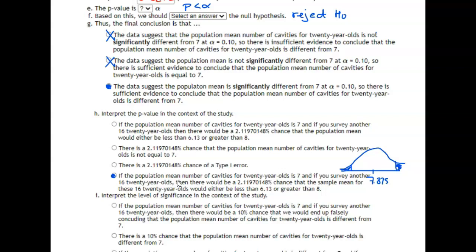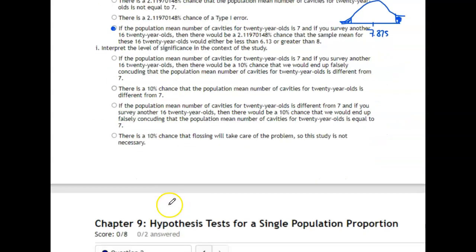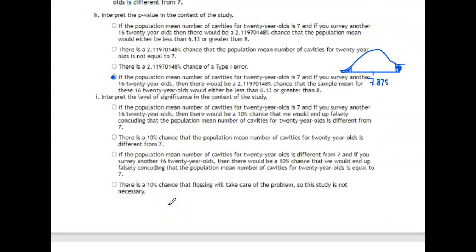All right, so interpret the level of significance in the context of the study. If the population mean number of cavities is 7, and you survey another 16 20-year-olds, there will be a 10% chance that we would end up falsely concluding that the mean number is different from 7. All right, this is not it.